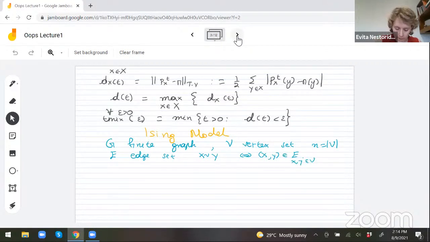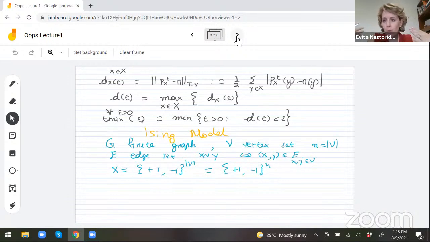The configuration space now is plus and minus 1 to the V, meaning that each vertex will be assigned a spin, plus or minus. Okay, and we want to understand the following measure.